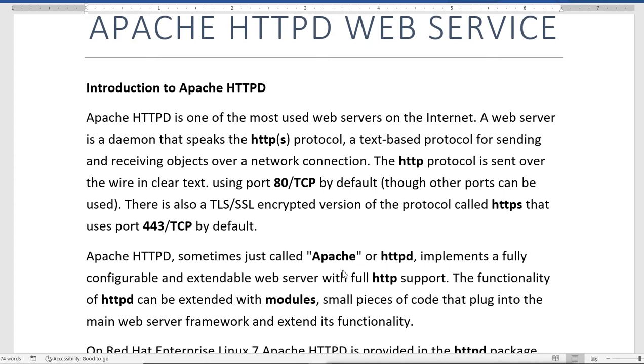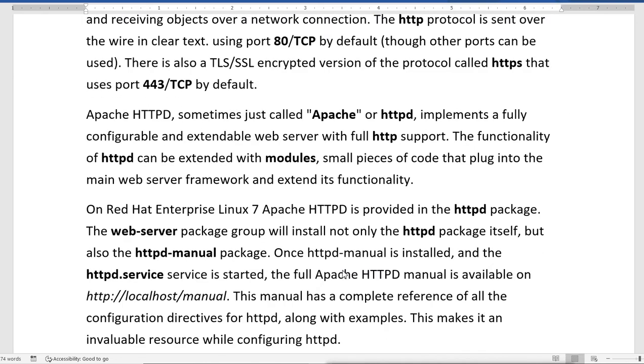It comes with lots of default modules, which give us lots of default functionality, and also we can add more. Then on RHEL7, Apache HTTPD is provided in the HTTPD package. So if we want to configure Apache in our RHEL7, it comes with the HTTPD package.